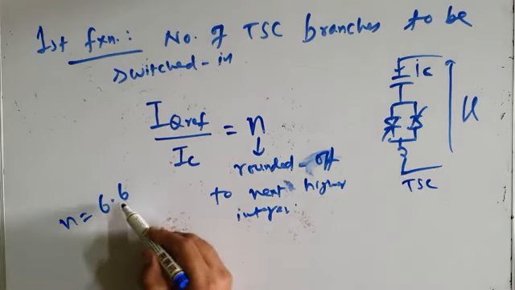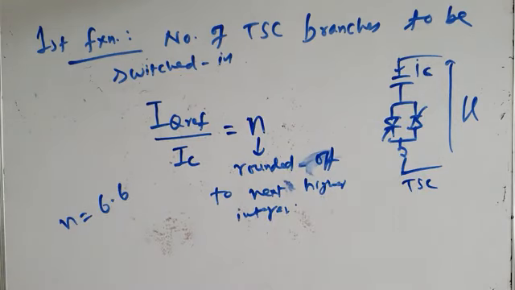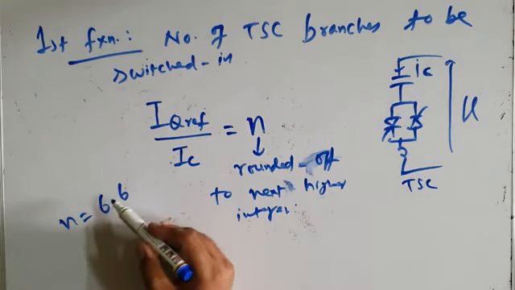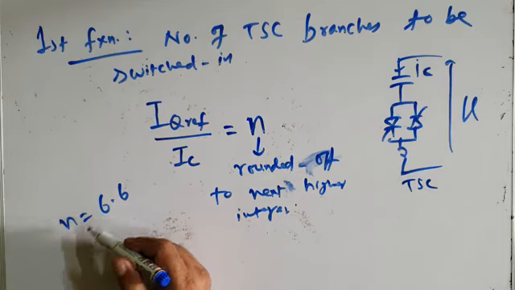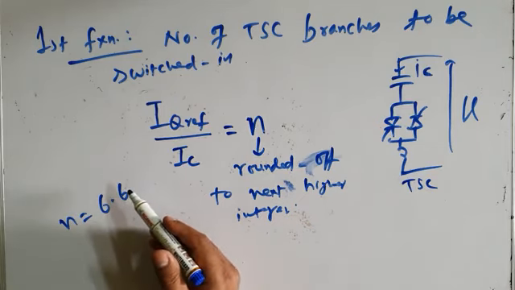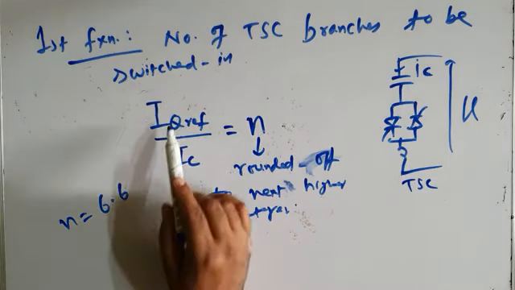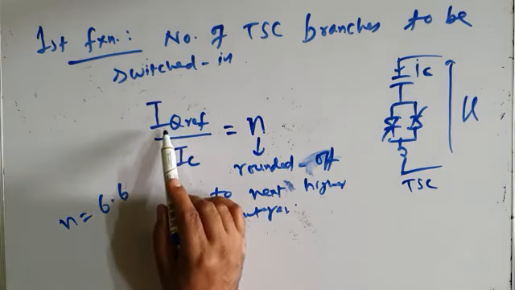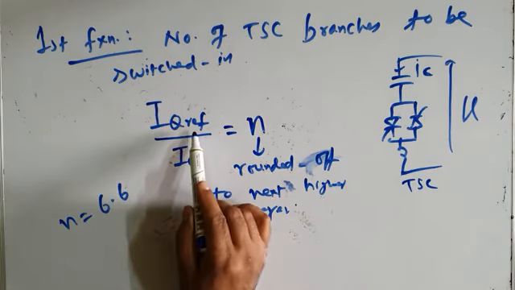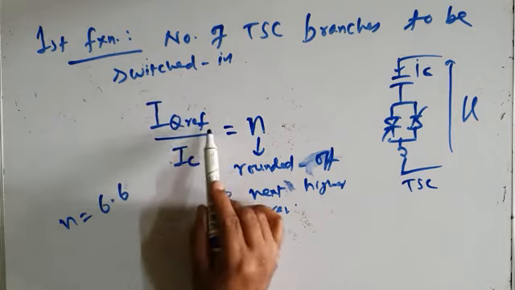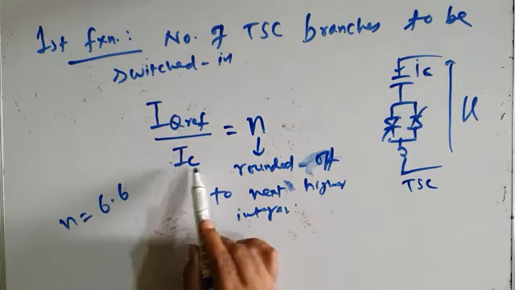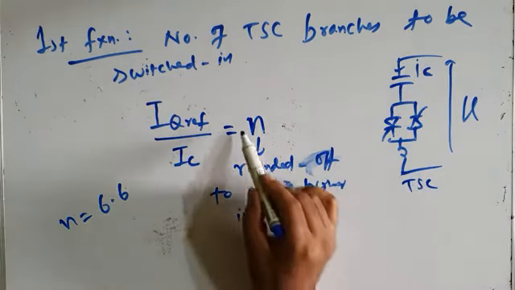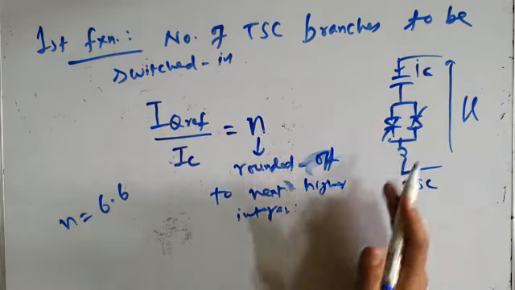That means 6.6 TSC branches have to be turned on, but that is meaningless. You may have either 6 TSC branches or 7 TSC branches. It's always an integer. Whenever your controller divides IQ ref, the total reference capacitive reactive current, by the capacitive current drawn by one TSC branch, it will give you the number of TSC branches which have to be turned on.